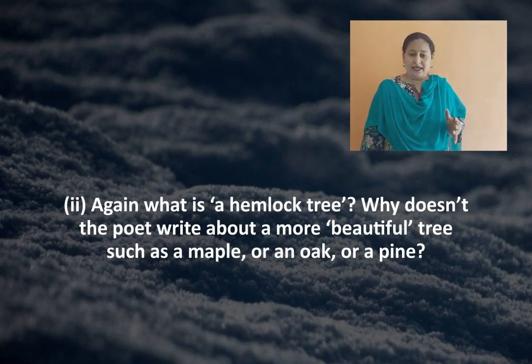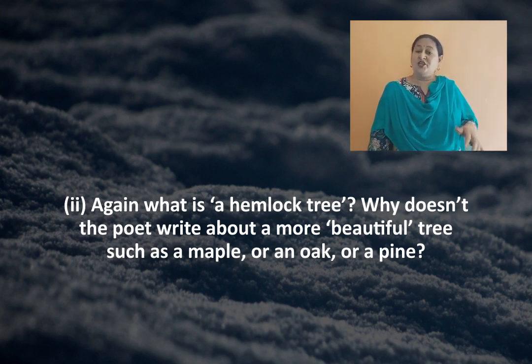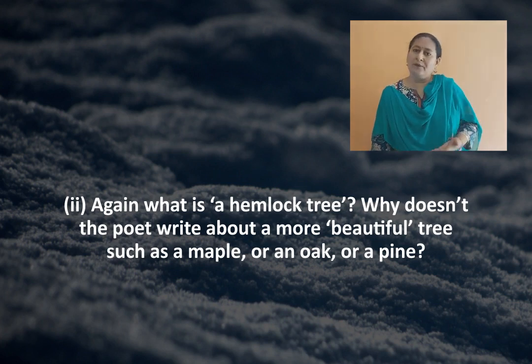Now let's see the second part of the second question. Again, what is a hemlock tree? A hemlock tree is a poisonous tree with small beautiful flowers, but it is poisonous and it's found in the cold regions. Next part of the same question, why doesn't the poet write about a more beautiful tree such as maple, oak or pine?